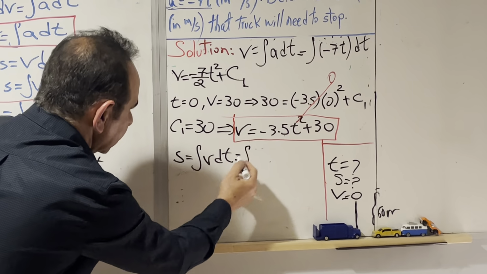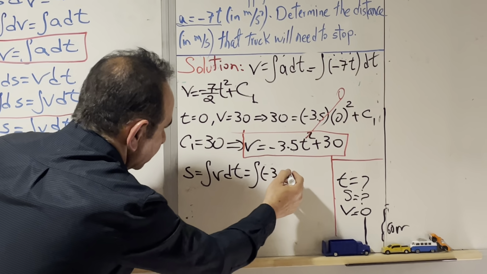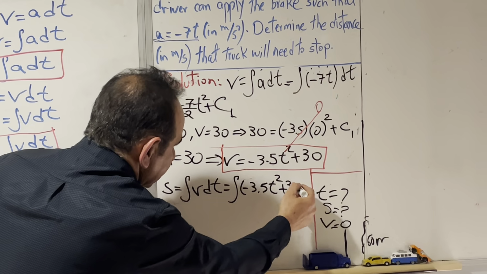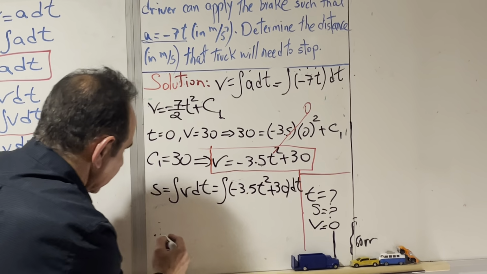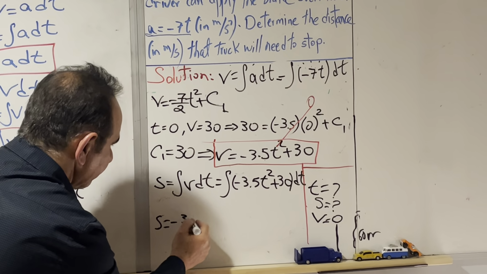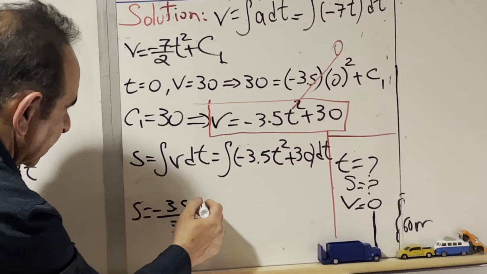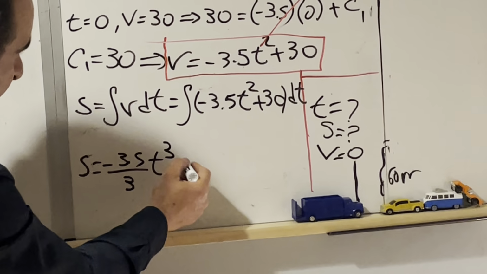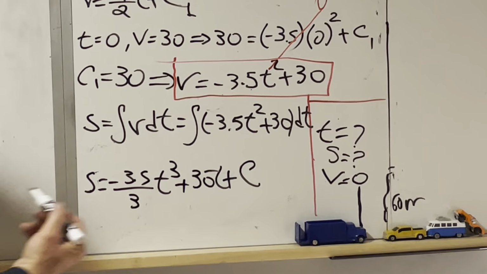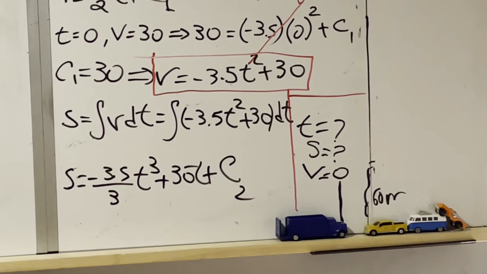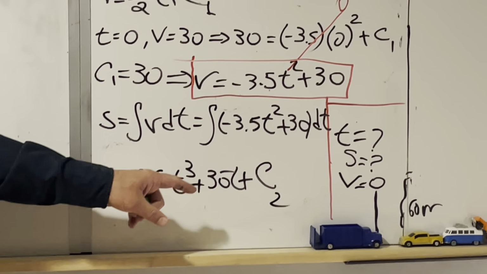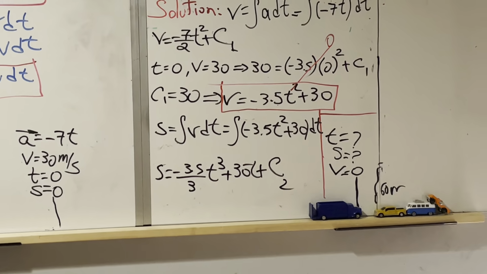We will have the integral of minus 3.5 t squared plus 30 dt, or S is equal to minus 3.5 over 3 t cubed plus 30t plus the constant of integration. This time we can call it C2.